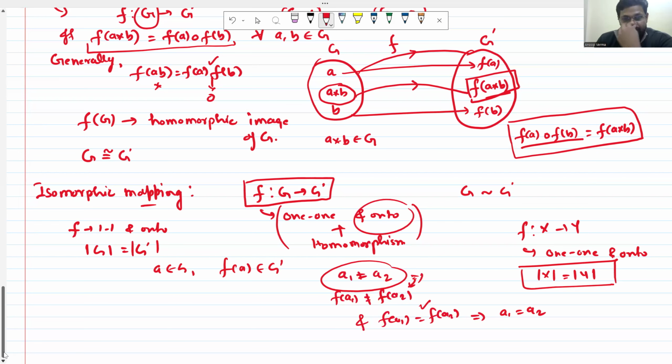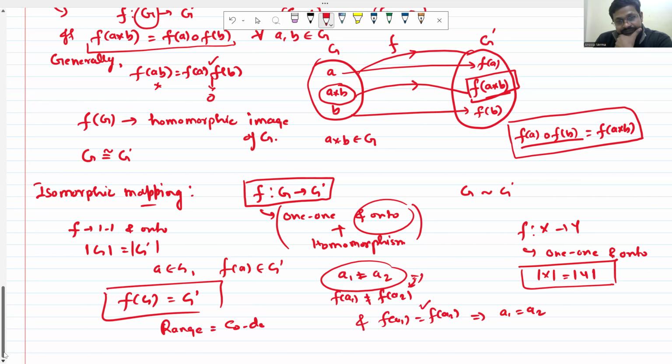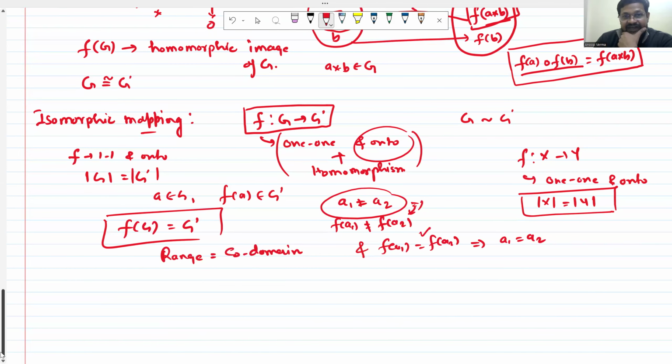Onto means that image of this G should be equal to G dash. It means range is just equal to codomain. This is the definition for onto. So how you can say? It means for every element in G dash, there exists an element in G such that element in G dash is related to the element of the G. Okay.